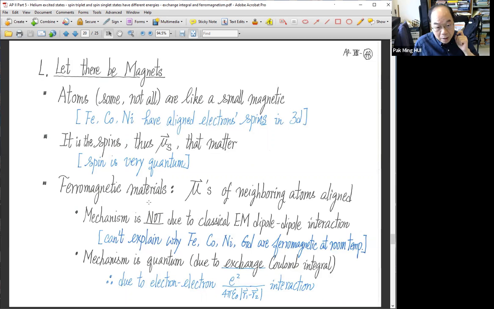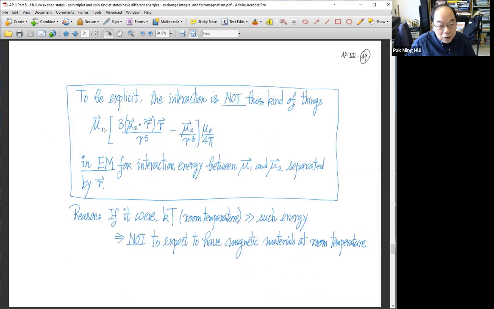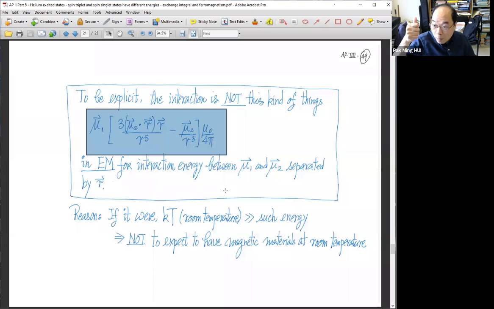It is not, because if you read E and M very well, in Griffiths' book, you may look up: I have 2 magnetic dipole moments, mu1, mu2. What is the interaction energy between them? Then I copy from the book this expression. All right.